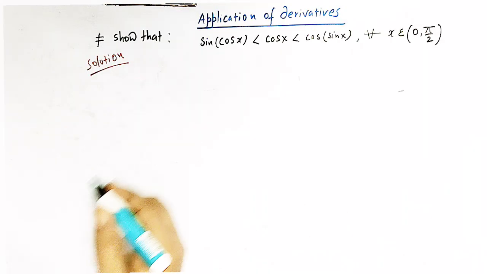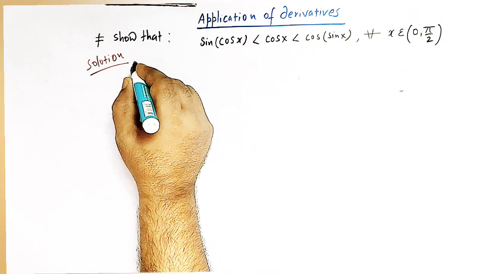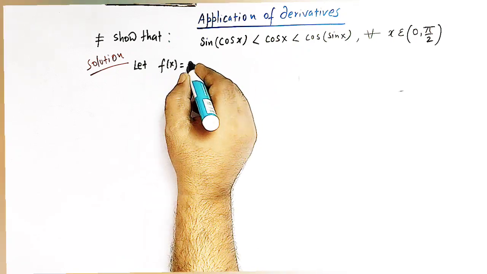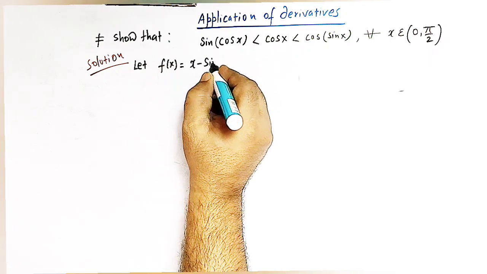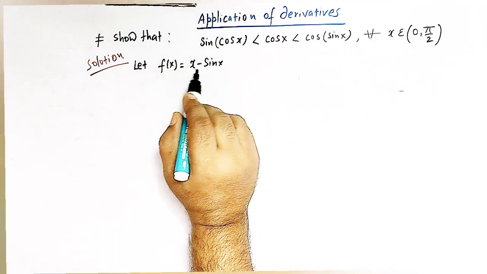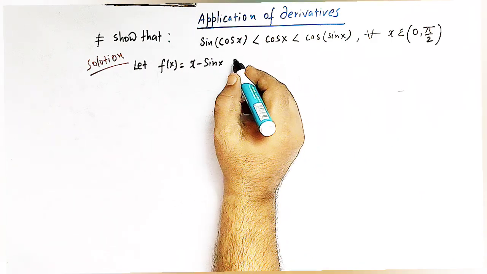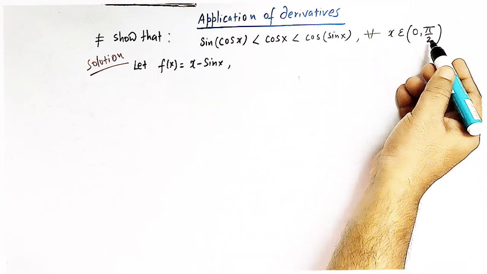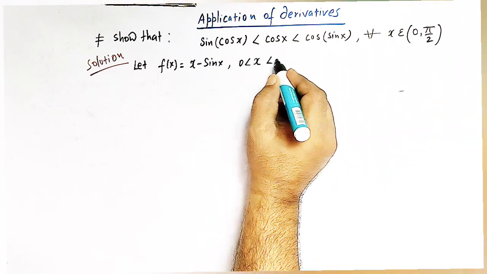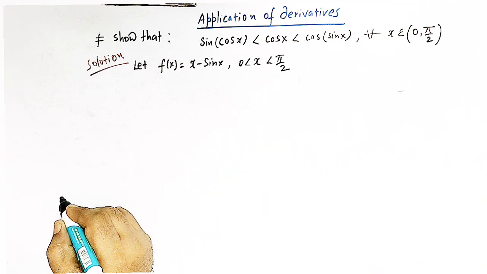So here we'll start with this function. Let us take f of x is equal to x minus sine of x, which is defined in this interval, that is x is greater than 0 but less than pi by 2.